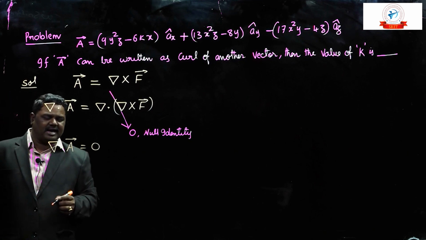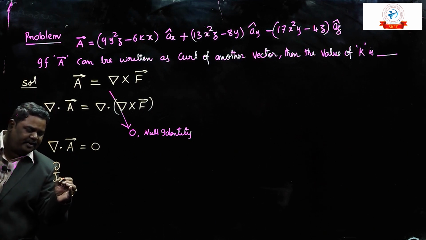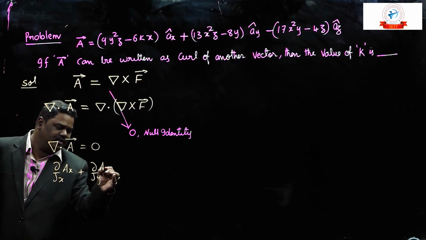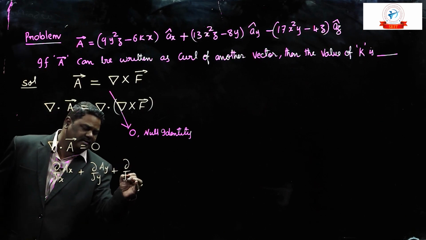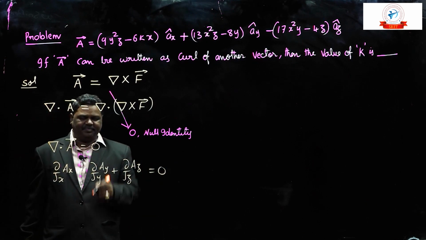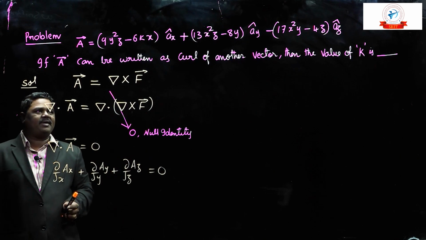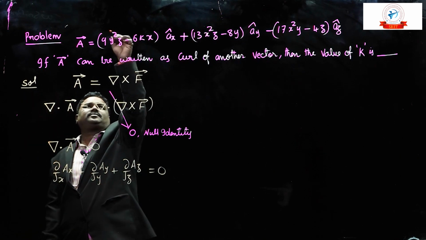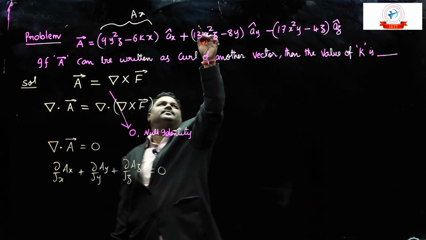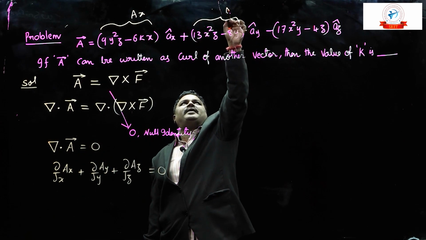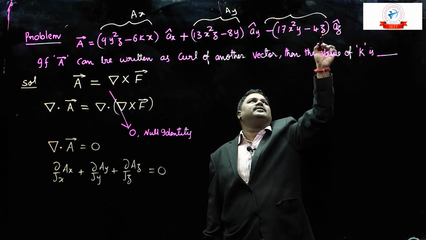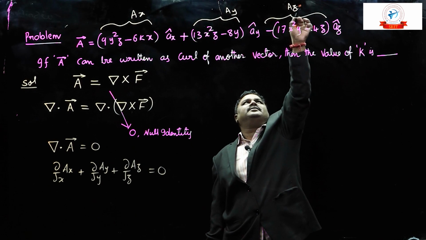What is the formula for divergence of A bar? Dou by dou x of Ax plus dou by dou y of Ay plus dou by dou z of Az is equal to 0. Now substitute the x, y, z components of A bar here. The term multiplied with x cap is the x component, the term multiplied with y cap is the y component, here including the negative sign, and the term multiplied with z cap is the z component.